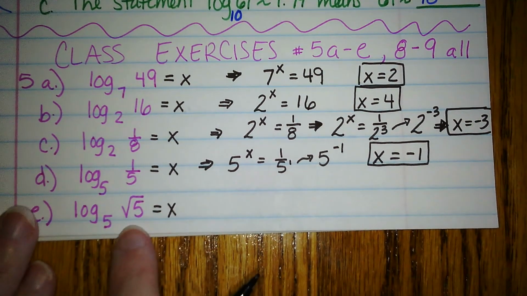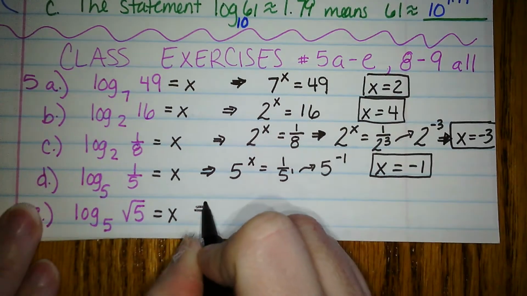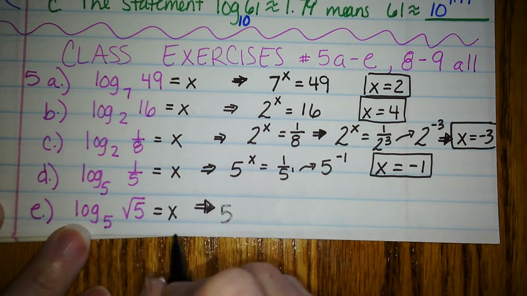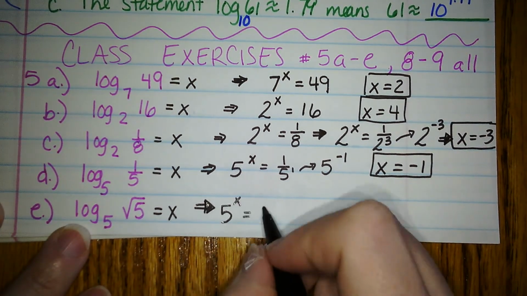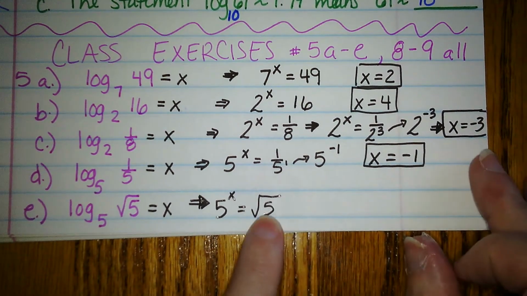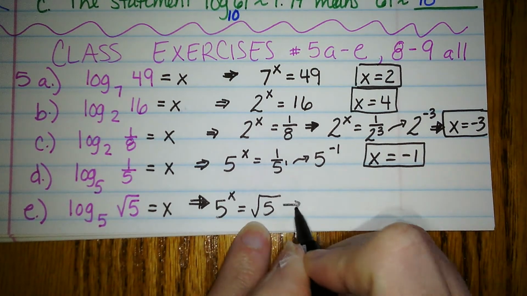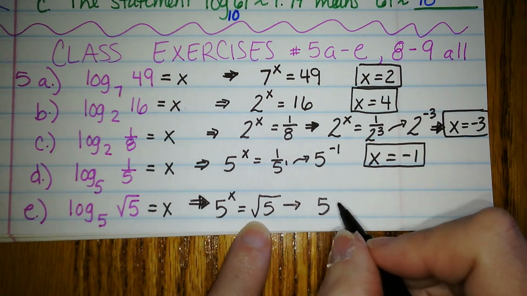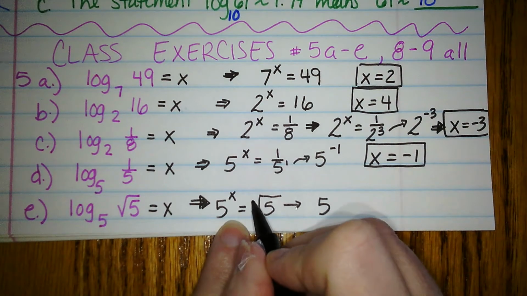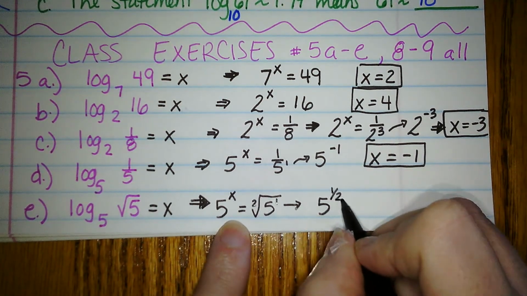And this one is a radical, so that's interesting as well. Again, looking at it from an exponent point of view, the base is 5, the exponent is x, and that's going to be equal to the square root of 5. But we need this as a common base. The 5 is a common base, but we need to rewrite this as 5 to a power. Now remember, this is a square root, and the square root of 5 is 5 to the 1/2 power.